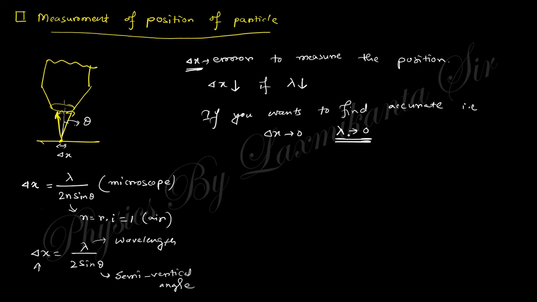You need to take lambda very low, and the wavelength is lowest for gamma rays. Gamma ray is the best choice for this purpose, which is why we use the gamma ray microscope to find the position of a particle.